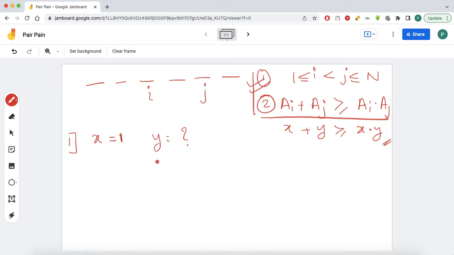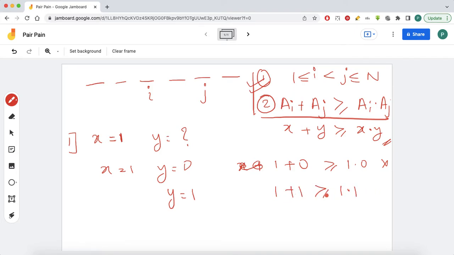So let's see for y is equal to 0. Does this get satisfied? It's 1 plus 0 greater than equal to 1 into 0. This does not satisfy. 1 greater than 0 doesn't satisfy. Let's see for y is equal to 1. 1 plus 1 greater than equal to 1 into 1.